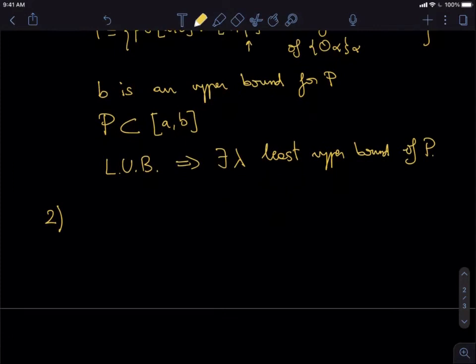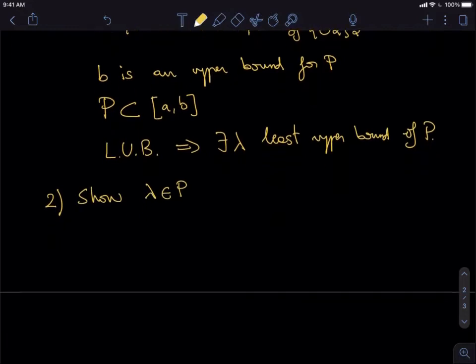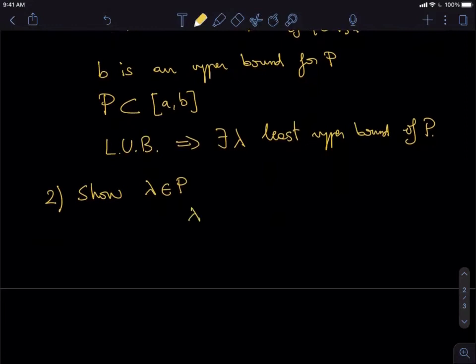For step 2, we want to show that lambda belongs to P. Okay. So here, what have we seen already in the previous step? We have seen that our lambda has to be at least as large as A, okay, because we saw that A is in the set P. So it will be that one or larger.